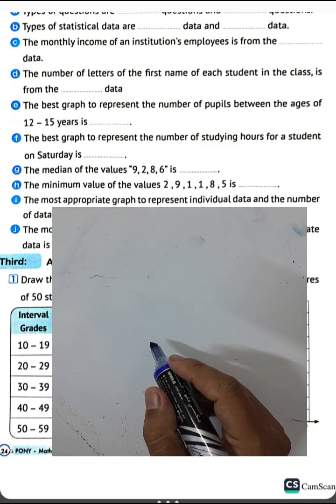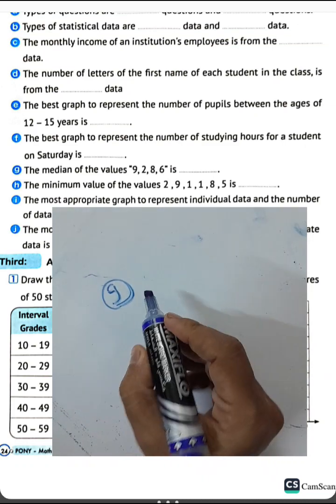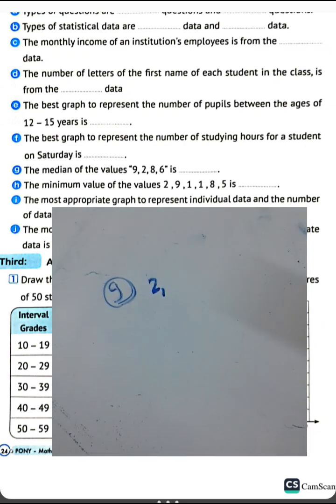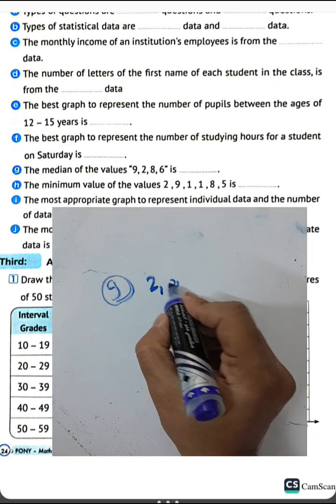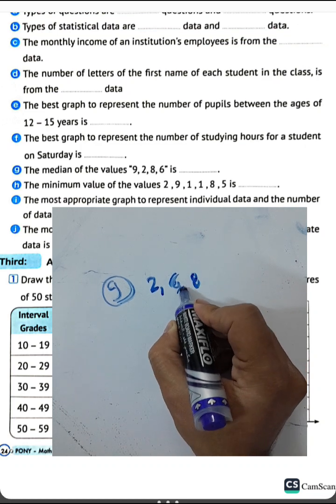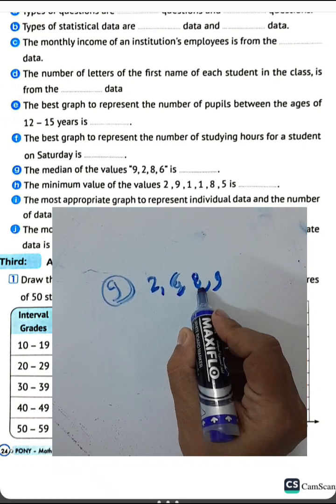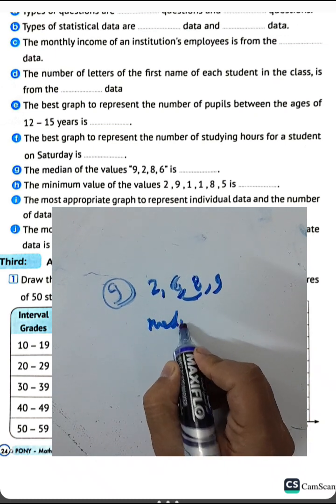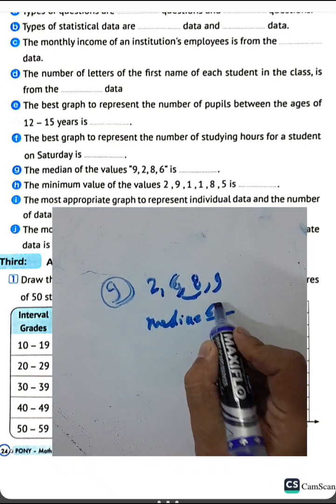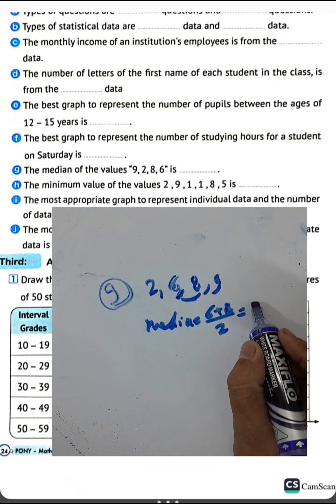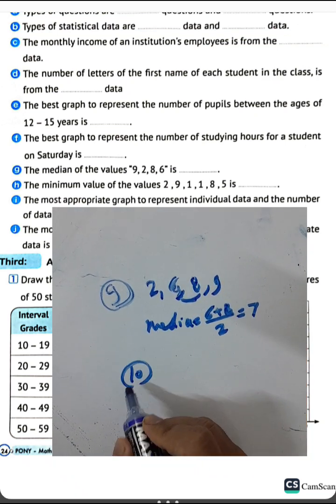Letter J, the median of the values. We can find the median by arranging the values. First step, write 2, 6, 8, 9. Then the median: take 6 and 8 and divide by 2. 6 plus 8 equals 14. 14 divided by 2 equals 7.